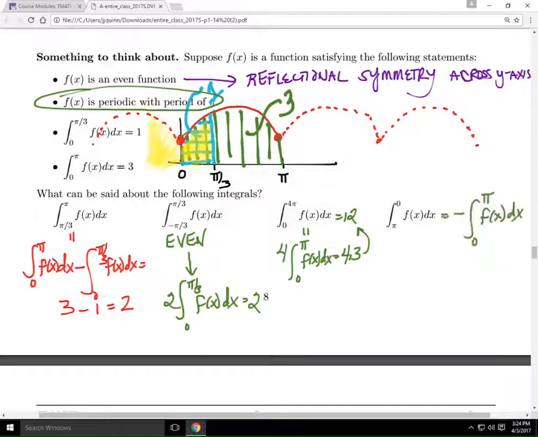So it's going to be the negative of the integral from 0 to pi. So if you want to flip the order of your limits of integration, you just take the negative of the definite integral. And that we already know, so the answer is going to be negative 3.